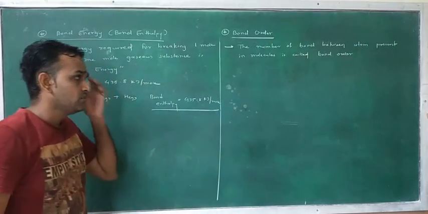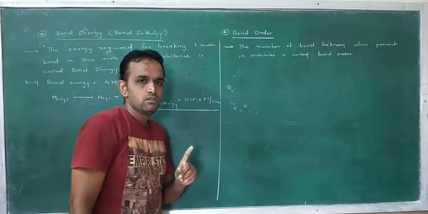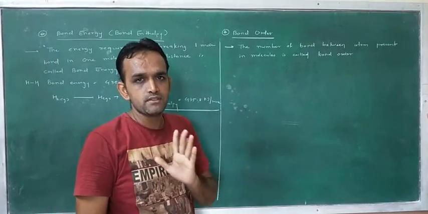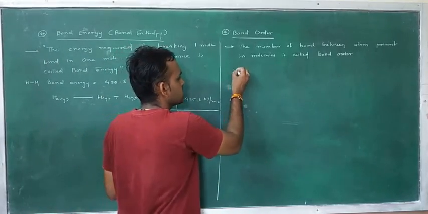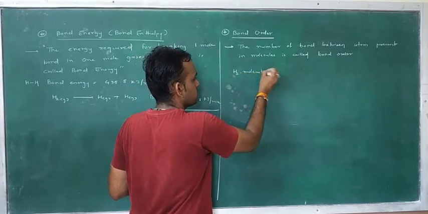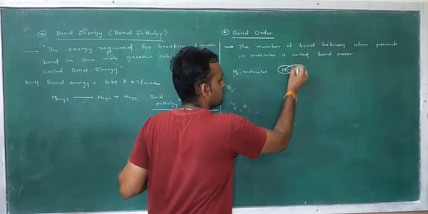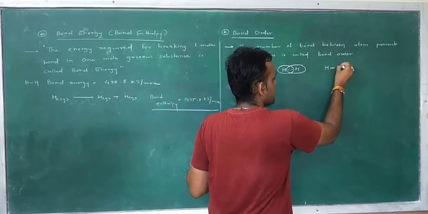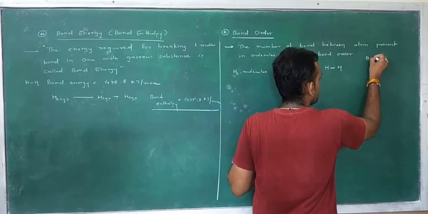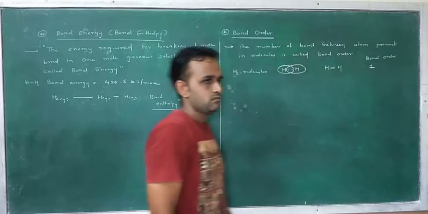As for example, if there is a single bond by sharing one electron, then the bond order is 1. Let us suppose an H2 molecule: hydrogen and hydrogen share one electron, so H-H, and the bond order is only 1, right?